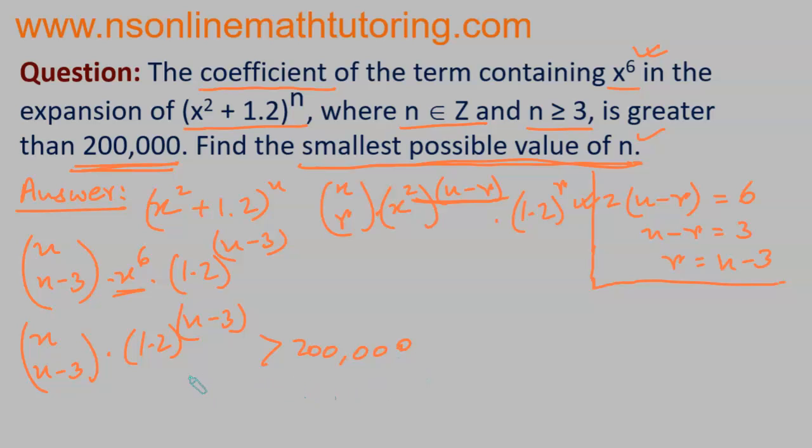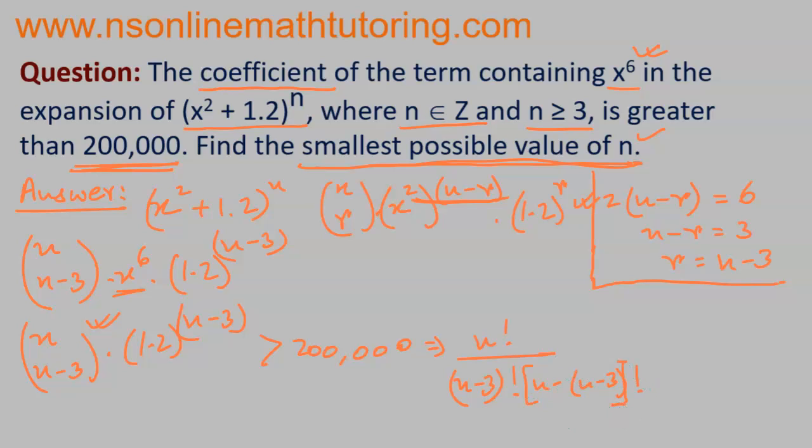So, now let us expand this part. It is nC(n minus 3), so it will be n factorial over n minus 3 factorial and 3 factorial.